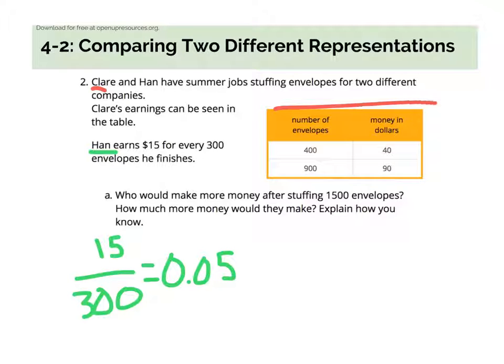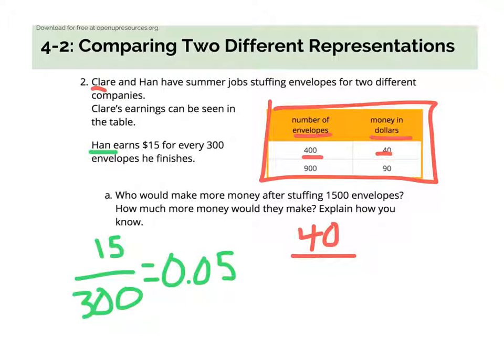Moving on to Claire's table, there's a couple ways to go from here, but like we've been doing in class, we can find that rate by dividing our y and x values. It looks like she will make $400 for 40 envelopes.